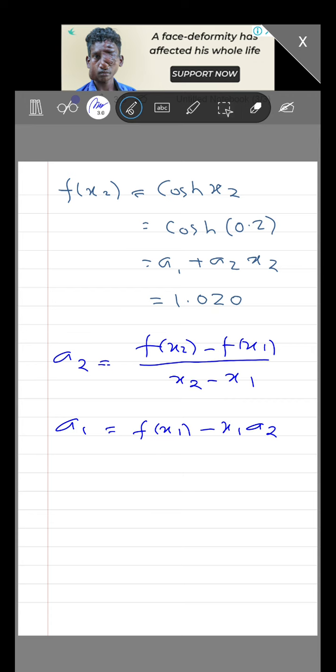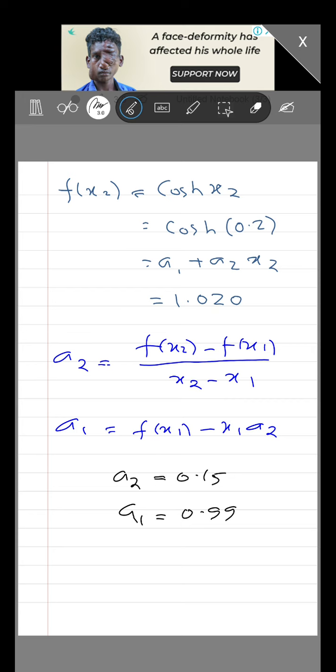So finally we get the following values of a1 and a2. We get the value of a2 as equal to 0.15, and the value of a1 as equal to 0.99.